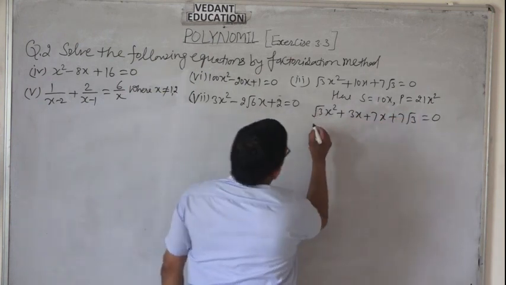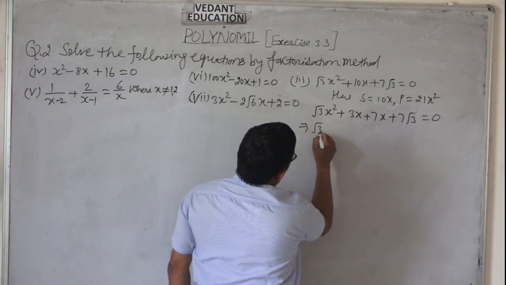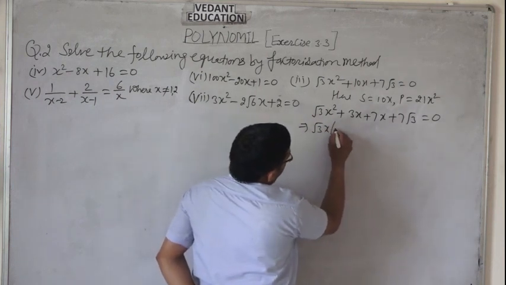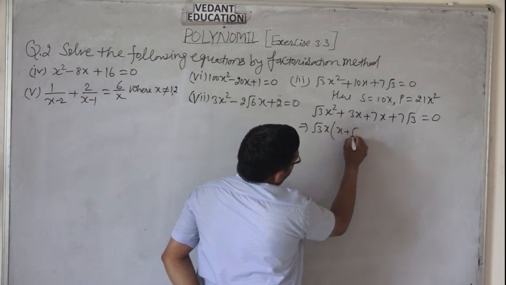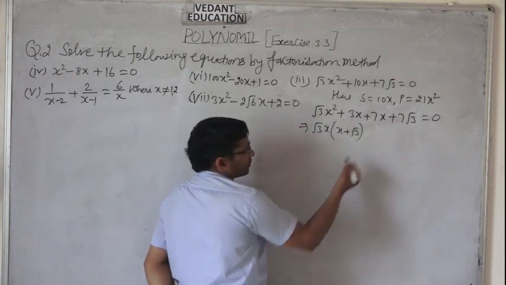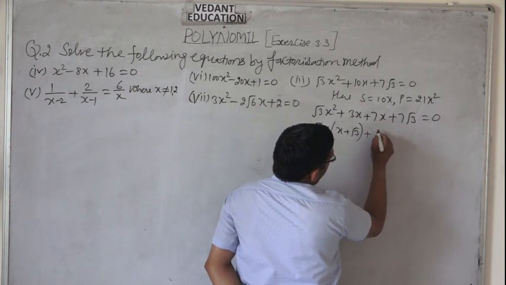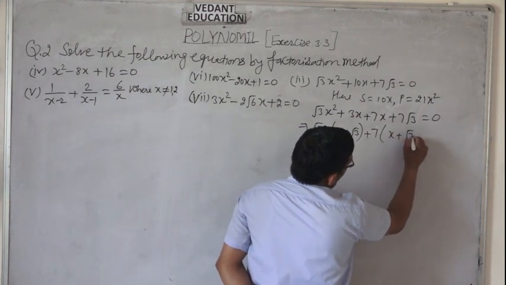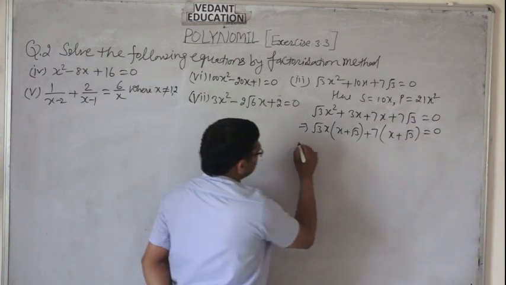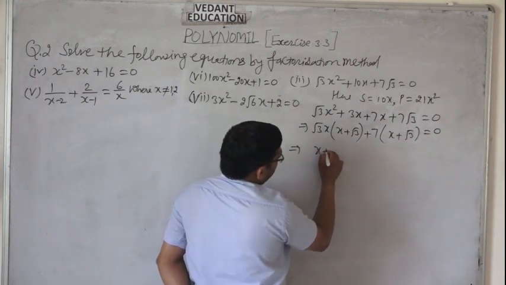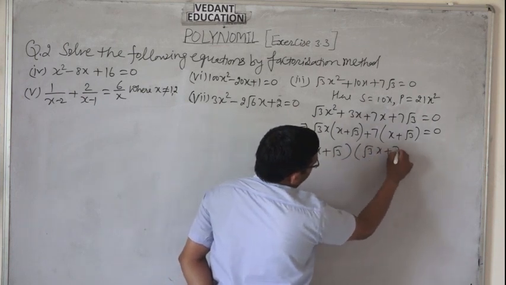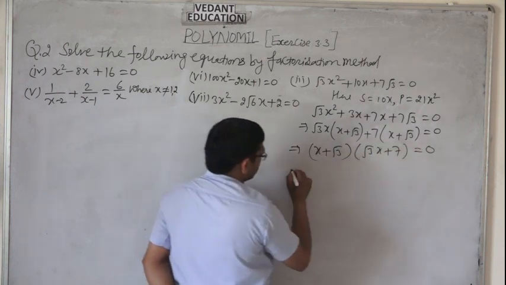In the first two terms, root 3x is common. Then remain is x plus root 3. Again in the next two terms, we can take 7 common. Then x plus root 3 is equal to 0. Again, what is common? x plus root 3 is common. Remain is root 3x plus 7 is equal to 0.